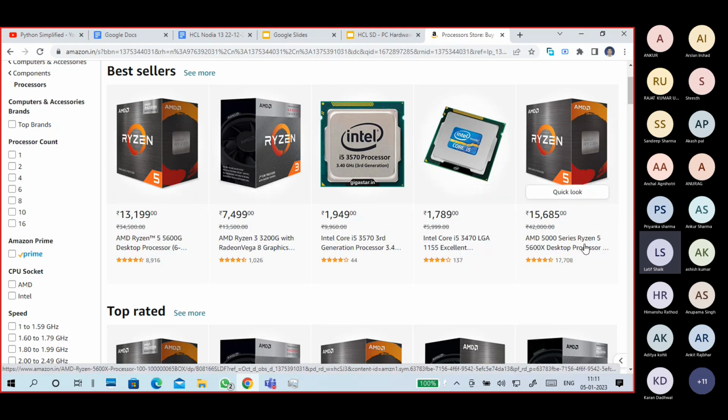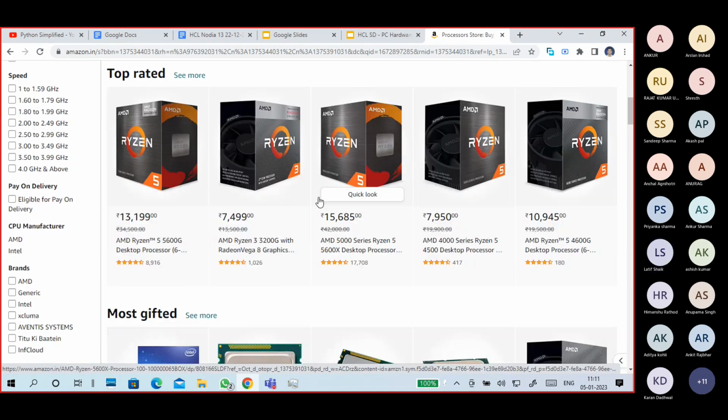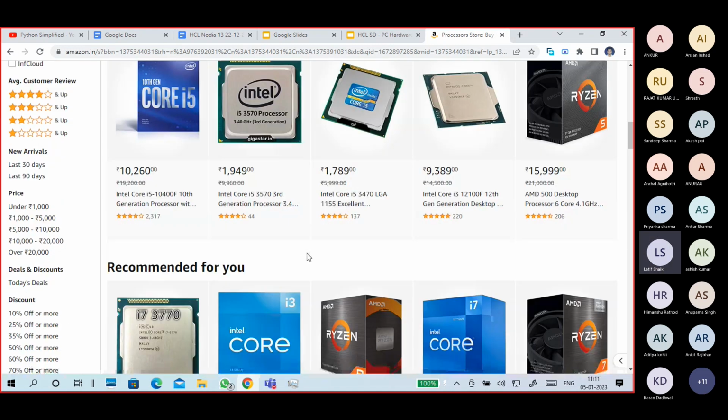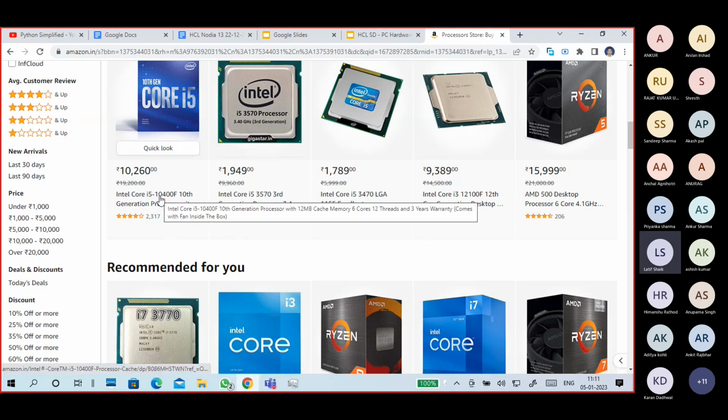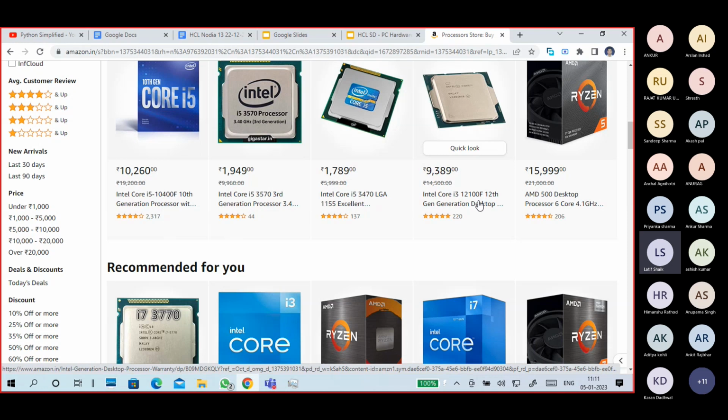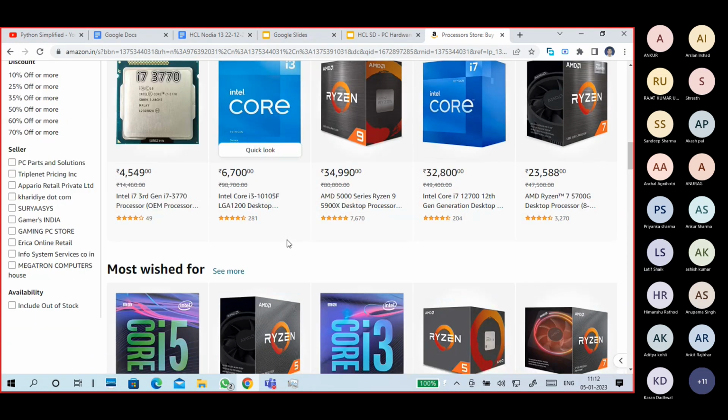This is also third generation. The latest one is 12th generation. So i5 10th generation, i3 12th generation. You can select anything.